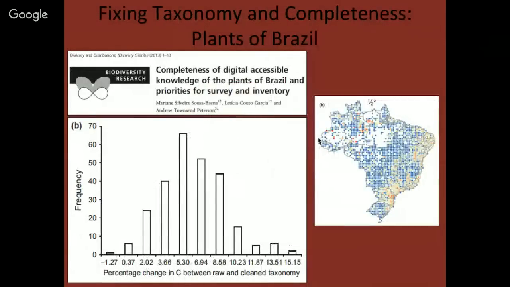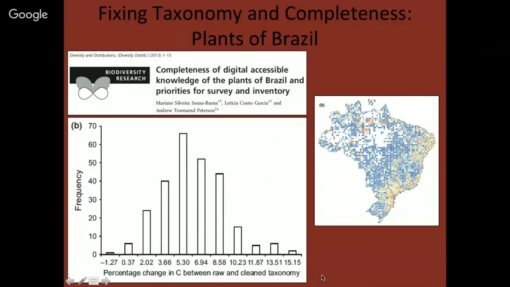Here is another biodiversity informatics application. This is a study that some Brazilian colleagues and I did of completeness of knowledge of the plants of Brazil. And what you can see in this map at the right, white areas means essentially no data, blue areas are poorly known, and yellow to red areas are relatively well known.